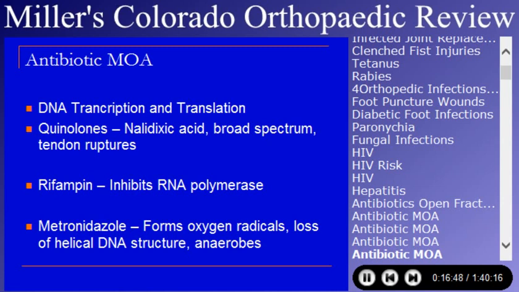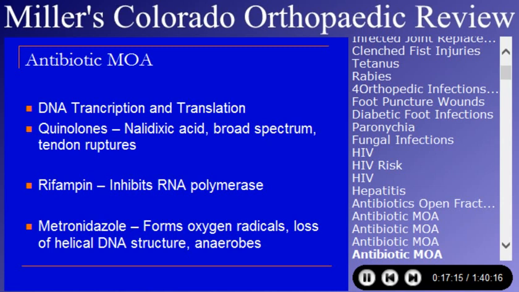Bear in mind the problem in children of tendon ruptures, and you really can't use the Cipro and the other quinolones in children. Rifampin, which you will use some with coag-negative staph, inhibits RNA polymerase. Metronidazole forms oxygen radicals. They're probably not going to be interested in that drug.